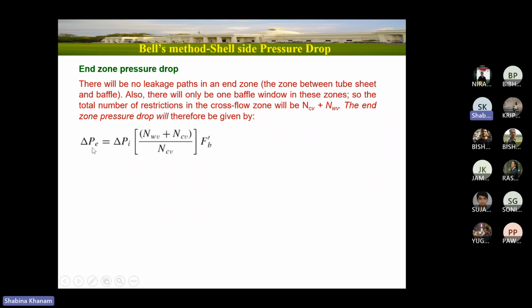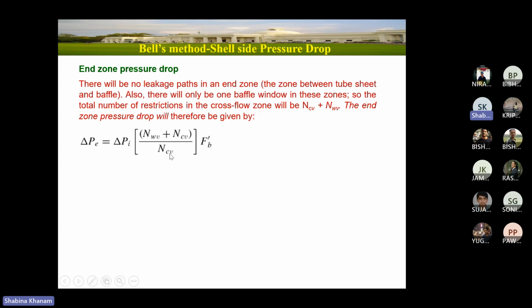So here the pressure drop in the end zone would be equal to the pressure drop in the ideal case, the same thing we have considered as delta PC. But here I have delta PE, delta PI, and FB prime I am considering, because we have only the effect of bypass. Other effects we have already counted in delta PC. If you consider delta PI, there we have multiplied with NCV.